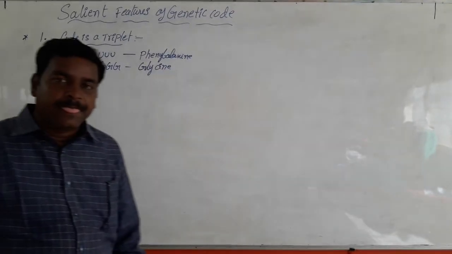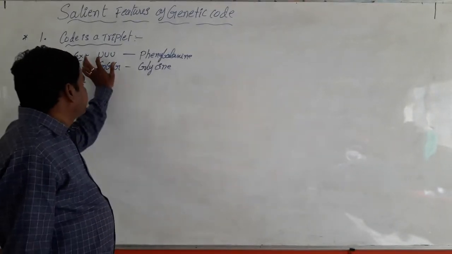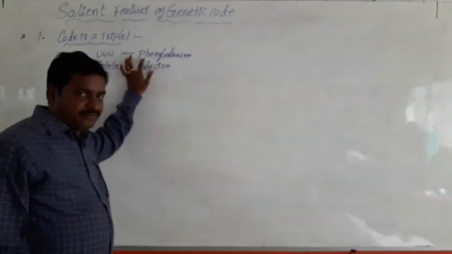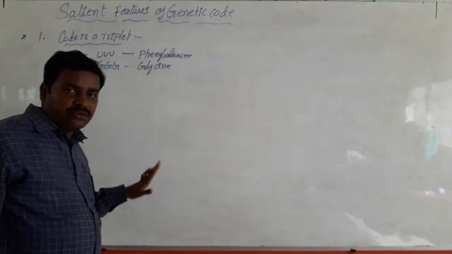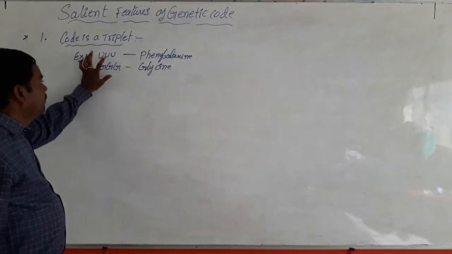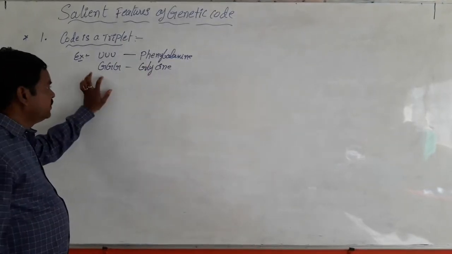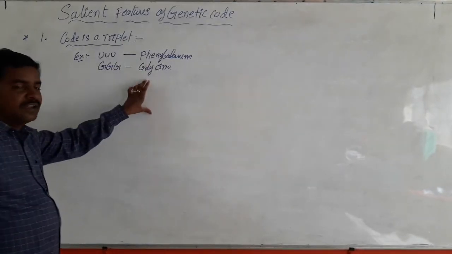In this way, code is a triplet in which 3 nitrogen bases collectively recognize one amino acid. Such a property of genetic code is called code is triplet.